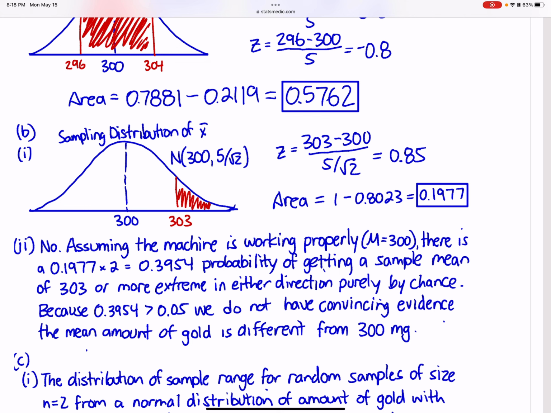And this is why I say no: assuming it's working properly, there's a 39.54% probability of getting a sample mean of 303 or more extreme in either direction purely by chance. Then you connect it and say, but 39.54% is much greater than 5%, so we do not have convincing evidence that the mean weight is different from 300. If you got the first and second part right, that would be an E. If you just got 1 but not 2, or 2 but not 1, that would be a P.